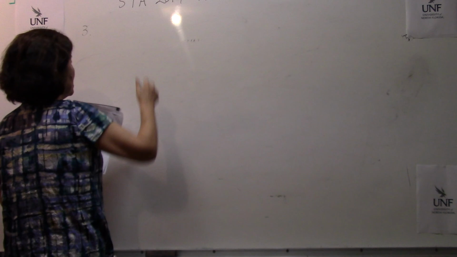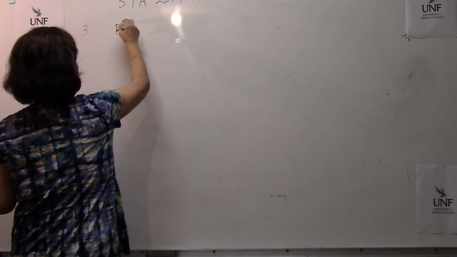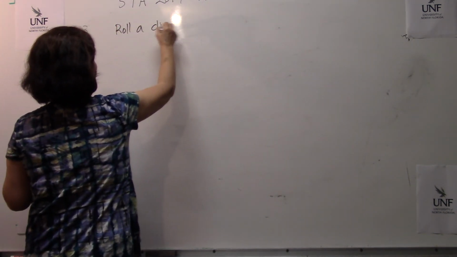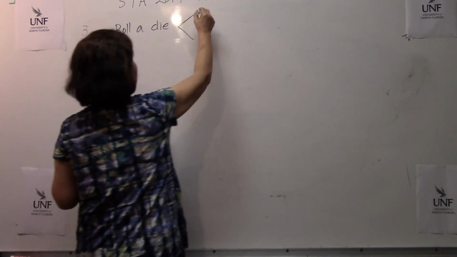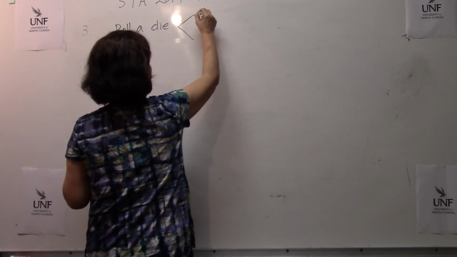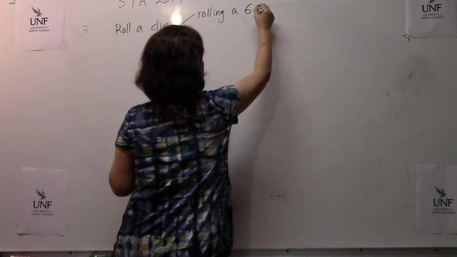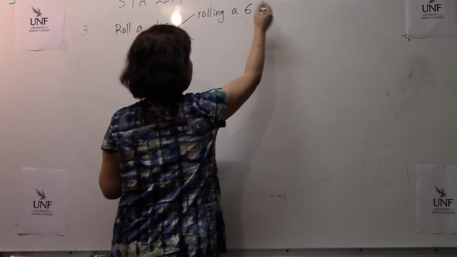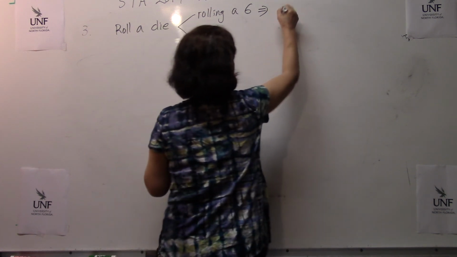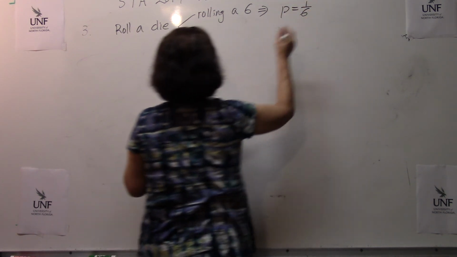So think about it. Whether you roll a die, your outcome you are interested in is this a 6? Rolling a 6. This is a success, okay? 6. The probability is what? Probability is 1 over 6.